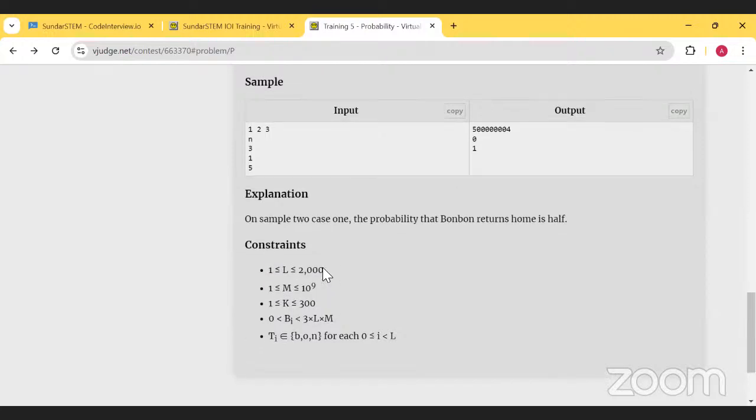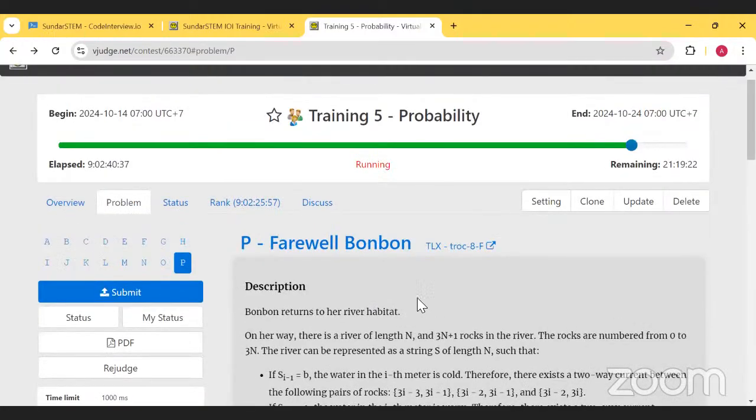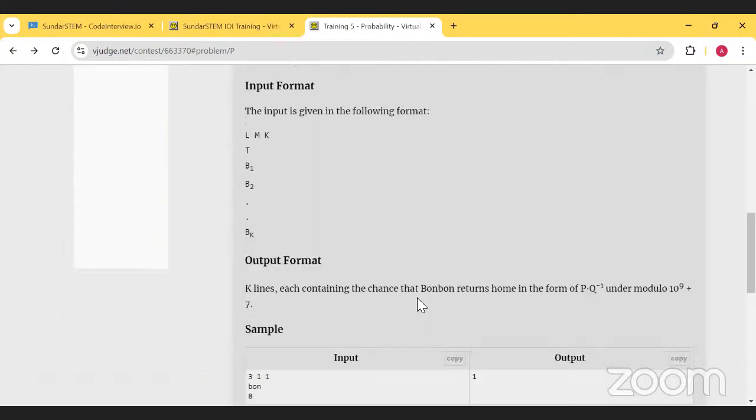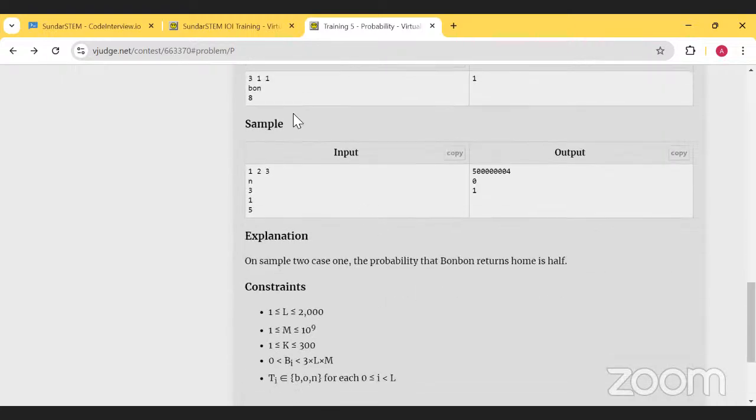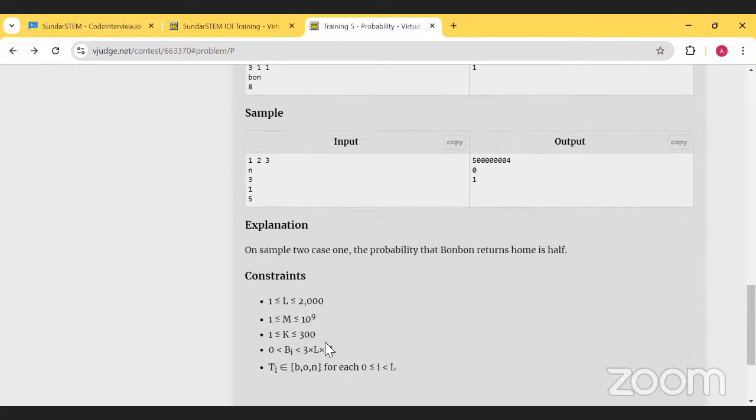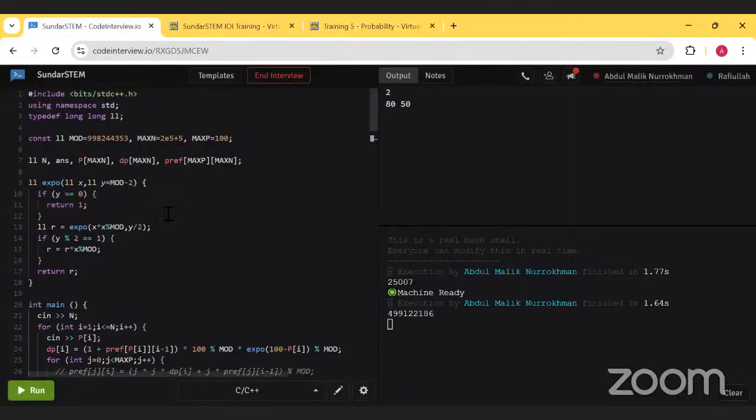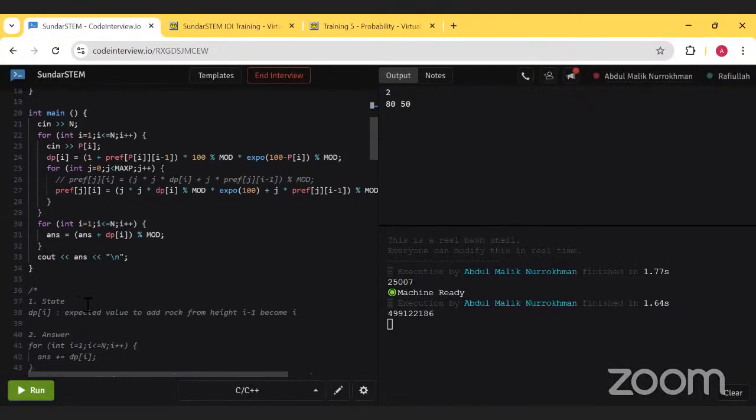Yeah, of course there is a faster solution, but as long as we are still less than 1 second, it is okay. Okay, so the solution will be just like this.